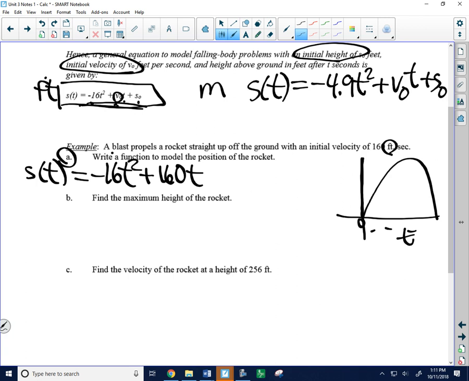First one, find the maximum height of the rocket. So the height is the position. I'm going to write S of t. So the maximum height would be here on my diagram. To answer this, we got to do something else first.